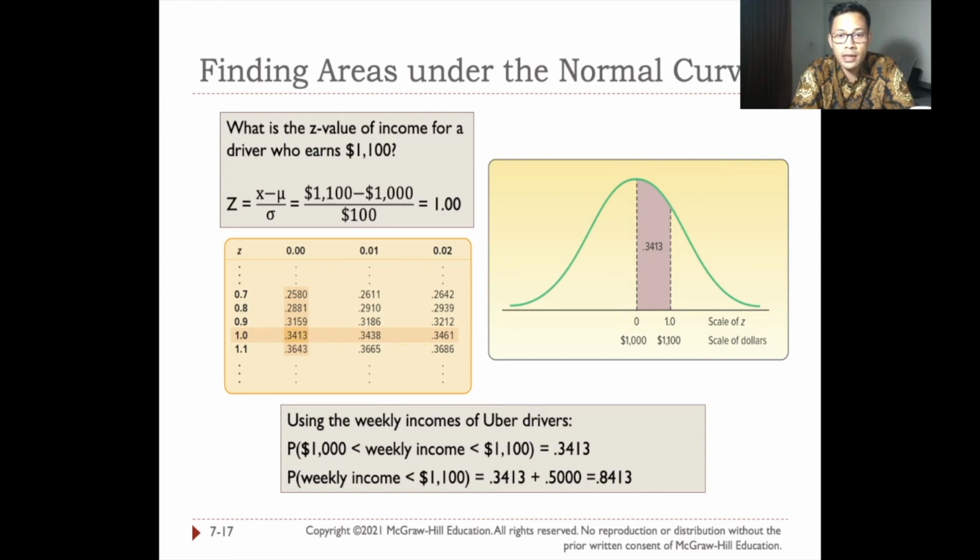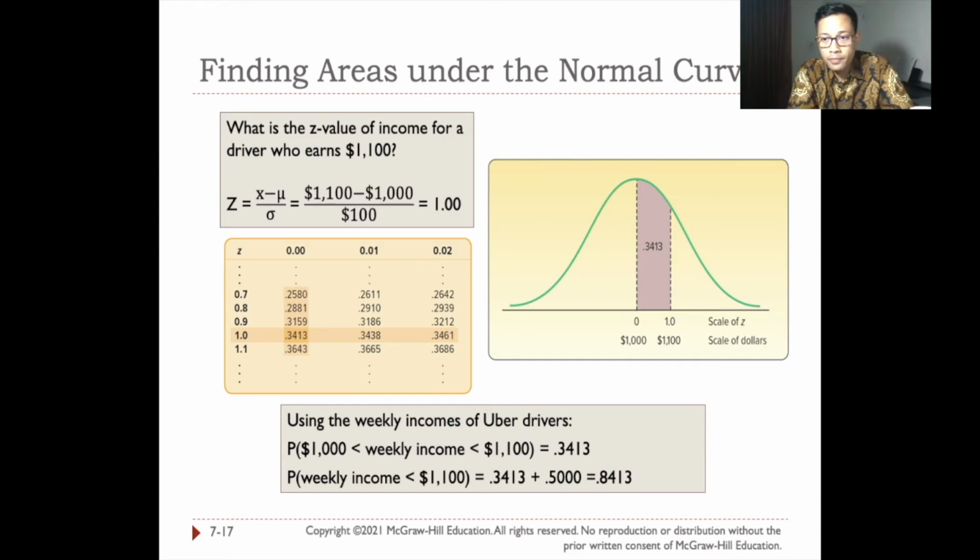And then there is a value of 1, which is the z-score of a 1,100 wage, and it is going to be to the right of the mean of 0. And so basically what we're interested in is the area under the curve between 0 and 1. 0 corresponds to the mean of 1,000, and then 1 corresponds to the driver wage or salary of 1,100.